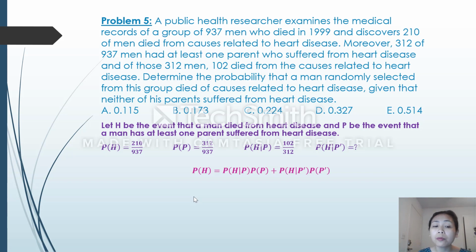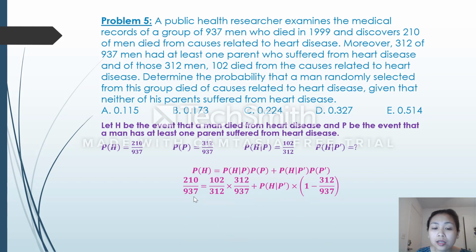Here the probability of X is given, the probability of X given P is given, the probability of P is given, the probability of X given P prime is what we need to find, and the probability of P prime can be found by 1 minus the probability of P.